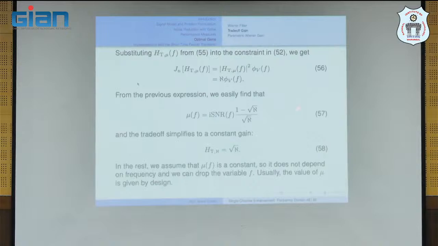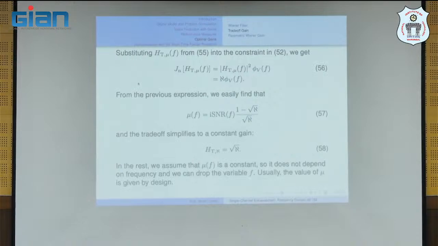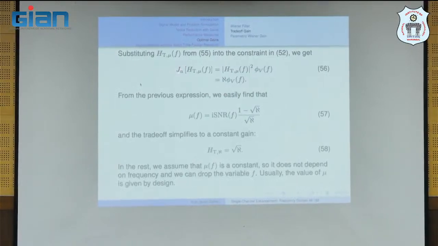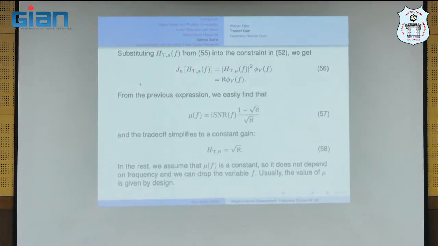And we can change, of course, mu such that the constraint will be satisfied. So we get, you see, in the time domain, for example, we had to do it numerically. Here we can get this expression. So we can obtain mu such that the constraint on the residual noise-based MSE will be satisfied.